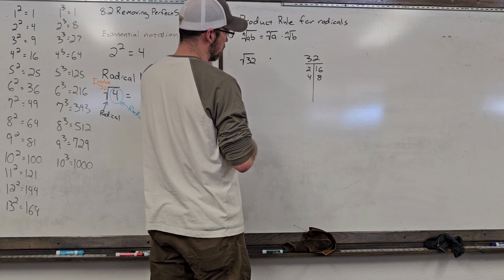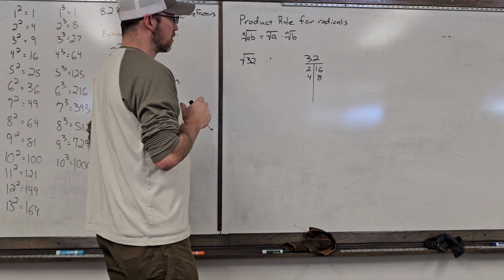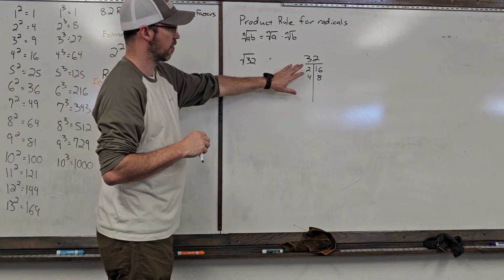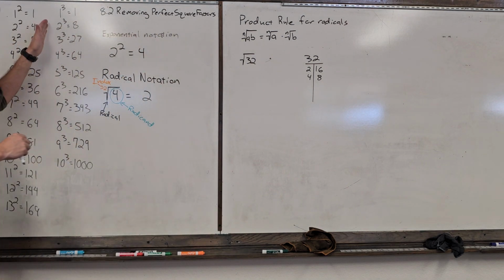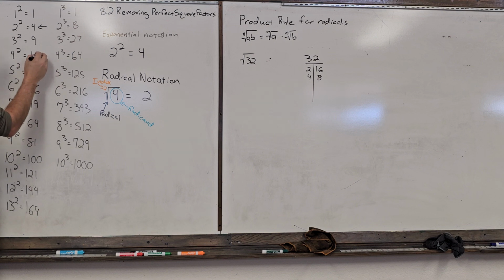I feel like I'm missing one. Yeah, it's not. All right, so I got 2 times 16 and 4 times 8. The only factors I care about of these are the ones that show up on this list, and I've got 2 of them. 4 and 16.